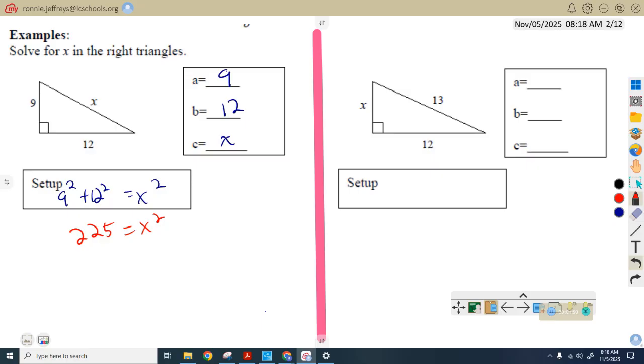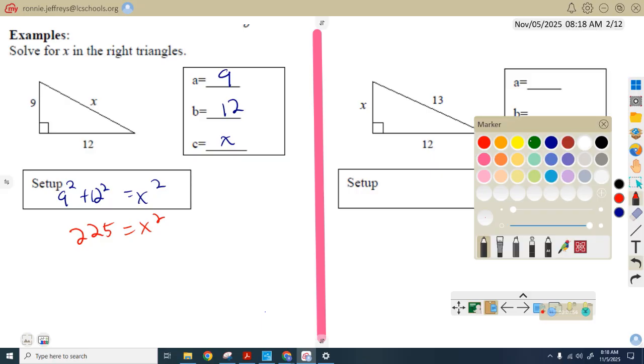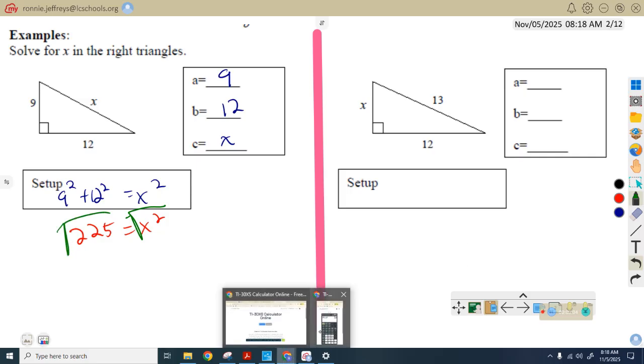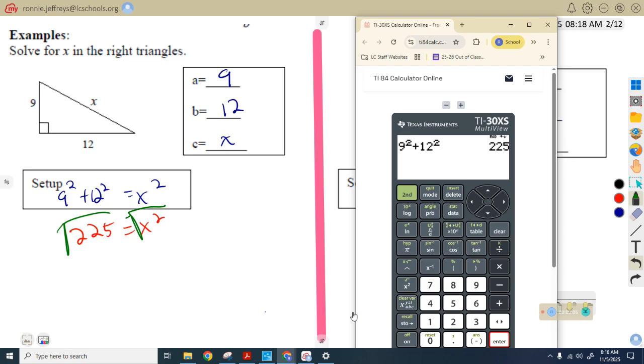Everybody's making hand motions, like we all learned math sign language at the same time. That's called the square root. Good question, how do you do that on a calculator? Since we set it up like this, we're going to say second, and then the x squared button.